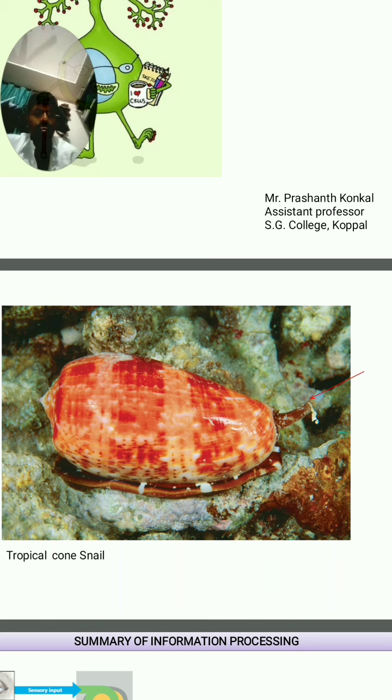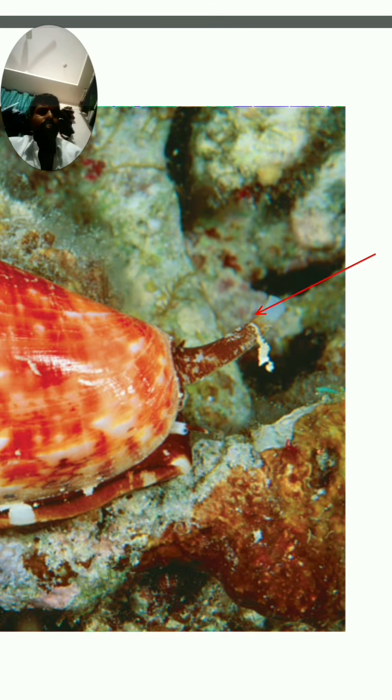Injecting venom with a hollow harpoon part of its mouth, the cone snail paralyzes its free-swimming prey in seconds. The venom is so deadly that unlucky scuba divers have died from just a single injection. What makes cone snail venom so fast acting and lethal?